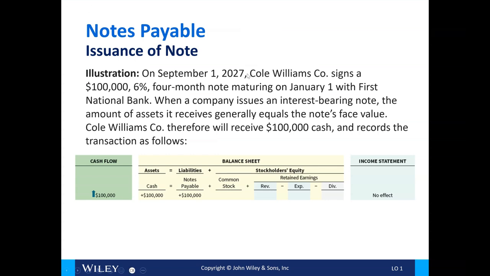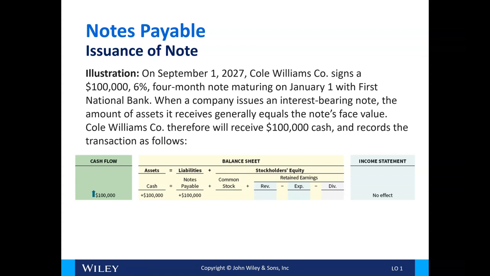So on September 1st, 2027, Cole Williams Company signs a $100,000 6% 4-month note maturing on January 1st with First National Bank. Now, one of the things you need to know how to do is to compute interest. And so I'm going to have a little second short video on computing interest and also amortization.